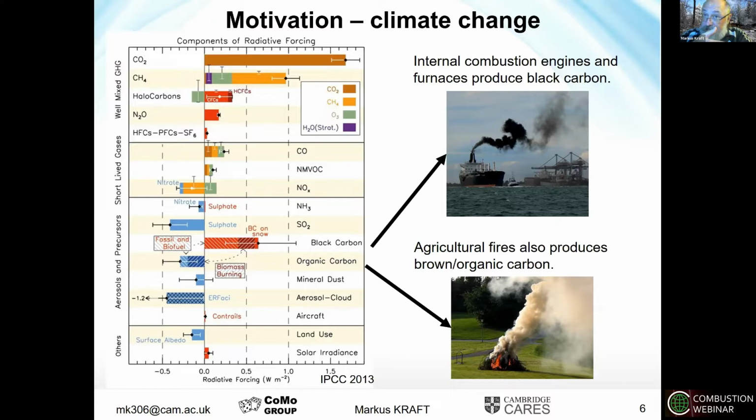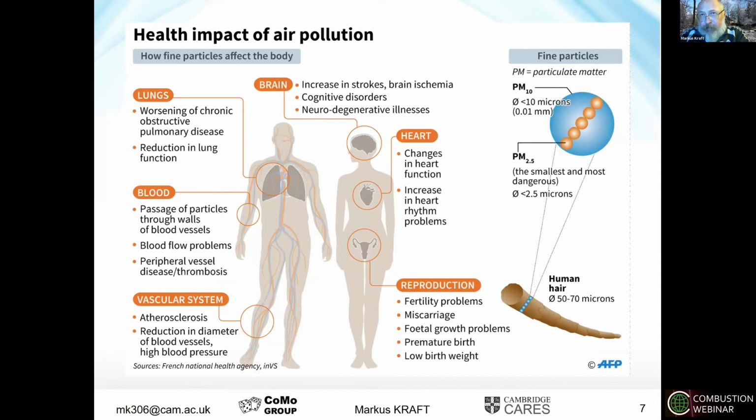It's actually cooling, so they at least mitigate one another, but clearly they do have an effect. Other reasons to look at these particles and to try to avoid them is their impact on pollution, and you can see on this graph that there is almost not a single organ in our body that is not affected by small particles.